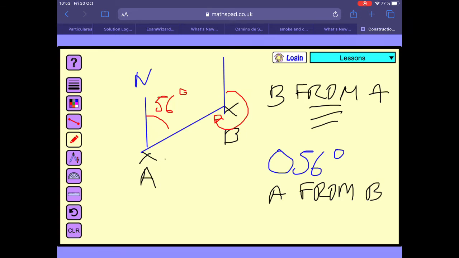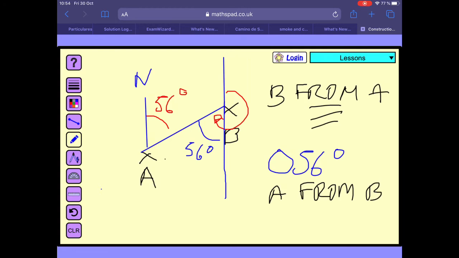And there are two ways to go about this, and it's entirely up to you. If you remember your angles, which we did a chapter ago, this angle here is also 56 degrees. Can you think of the reason why? 5, 4, 3, 2, 1.